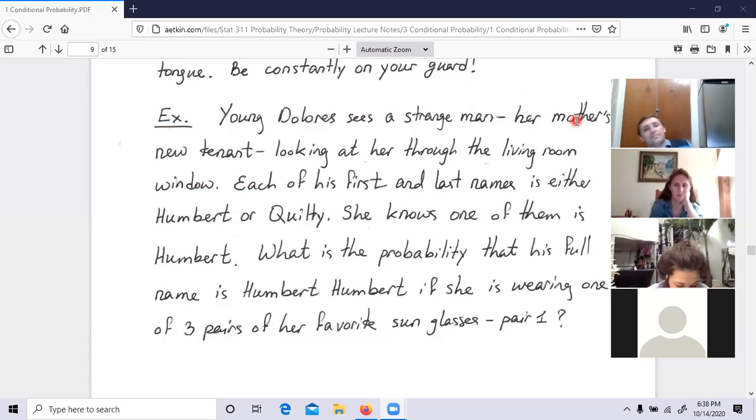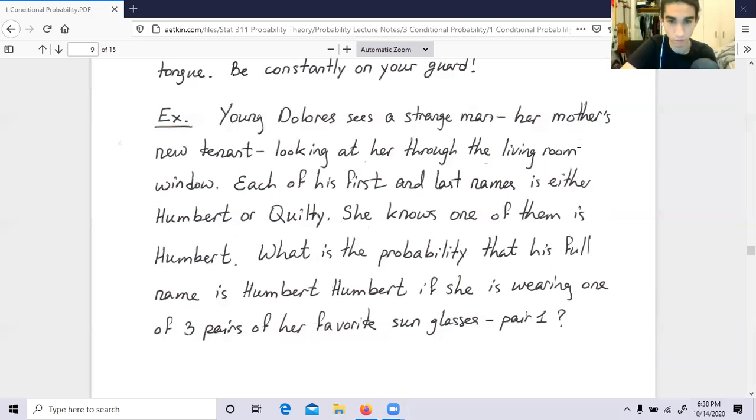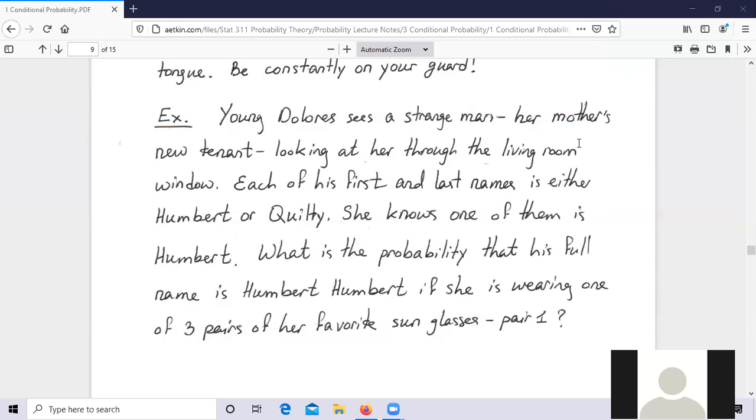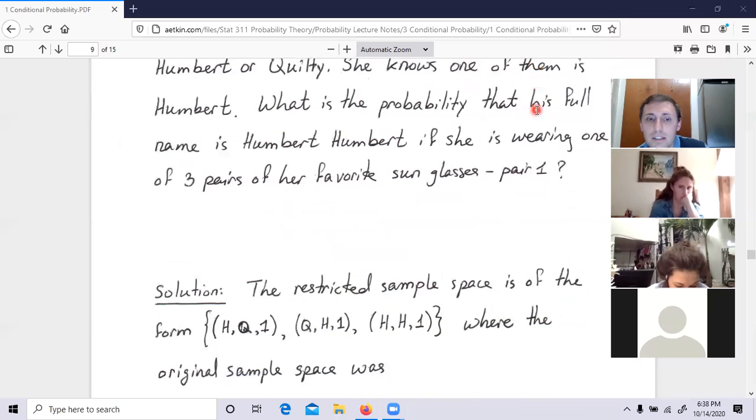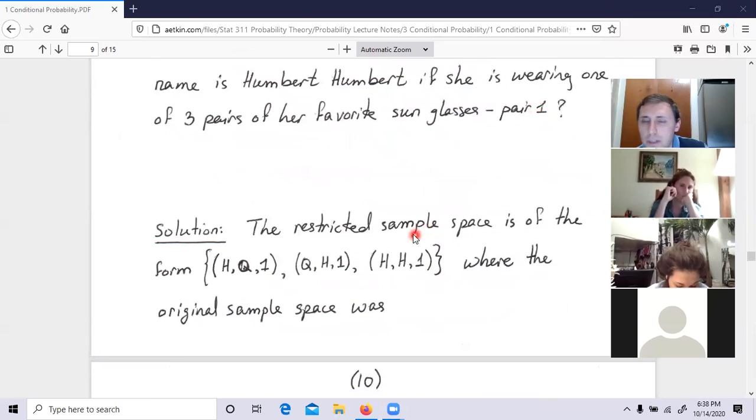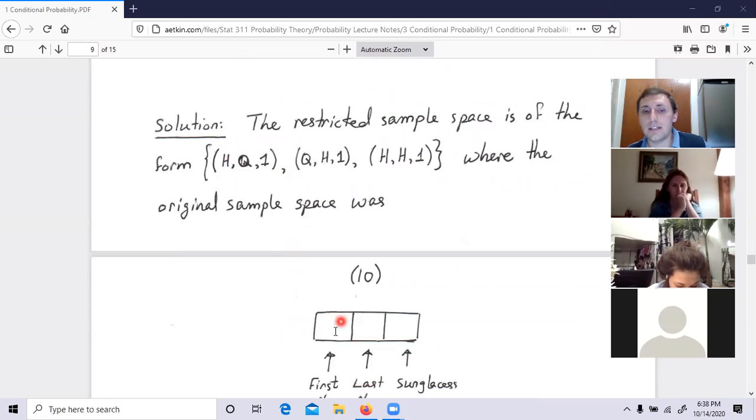So, okay, right, so you were quick with the answer. Ready? Yeah, so let's analyze this. What's our sample space? You might actually argue there are many more things happening here, but it seems that the sample space is like this, right?